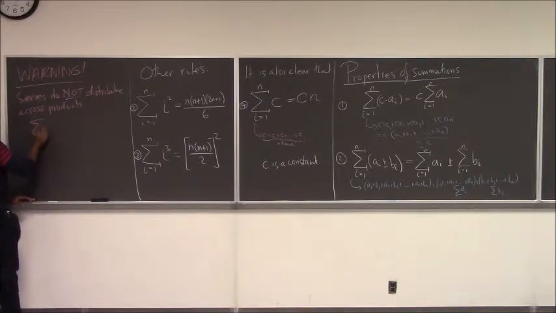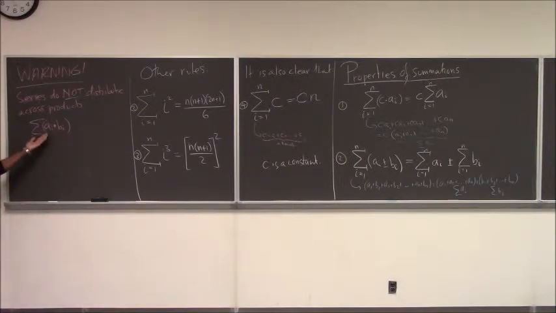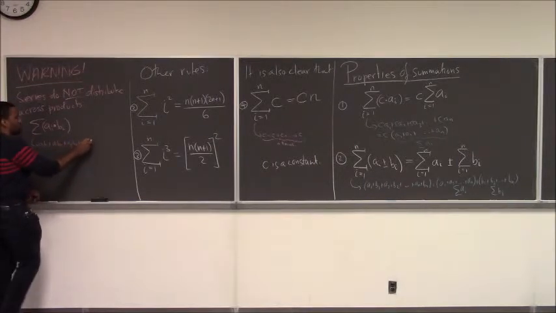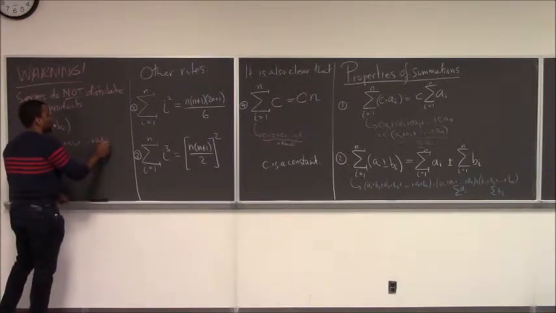So if you're looking at the summation of something like a_i times b_i, you can't think of that as the sum of a_i times the sum of b_i, because that's not going to be the case. This means a1 b1 plus a2 b2 plus a3 b3 plus all the way down to an bn.